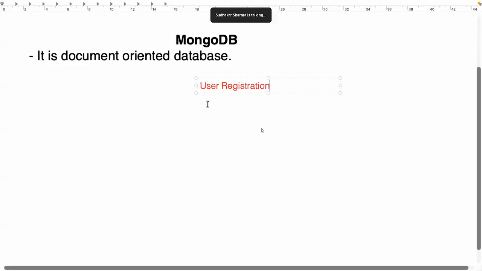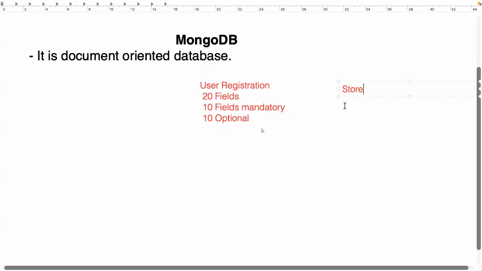In user registration, I have given 20 fields, and of those 10 fields are mandatory and the other 10 are optional, which means he can skip them. Now the question is, for how many fields do you have to create a store? Store means to store the data.